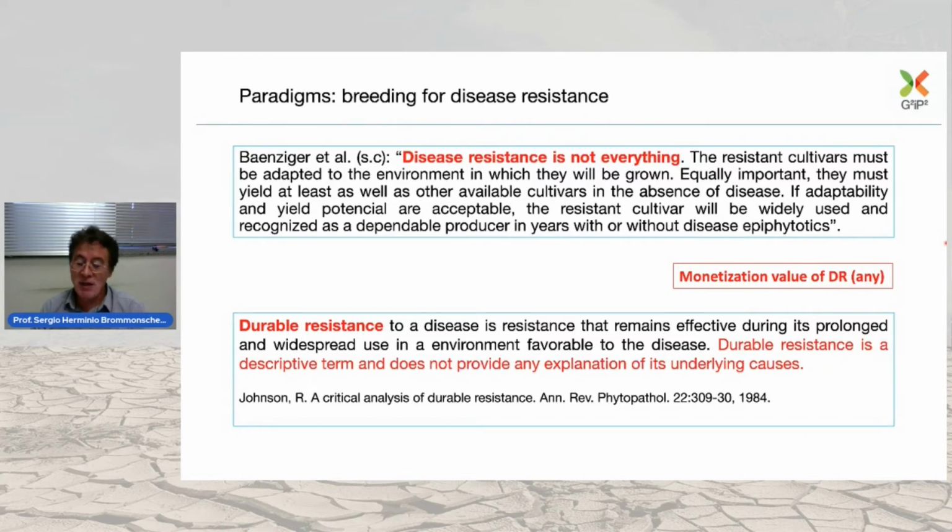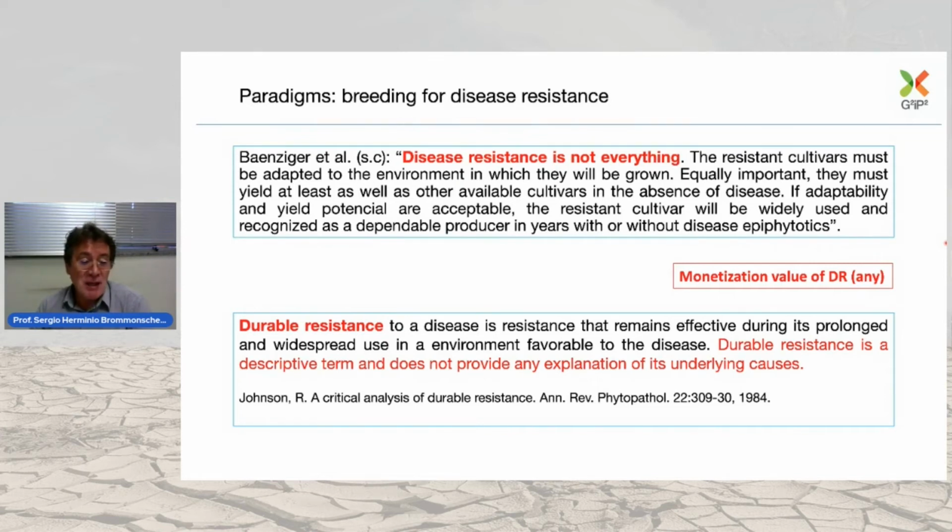This variety has to be very productive and it has to be very reliable in years with disease and years without disease. Because if the variety is not very productive, they are going to use a susceptible variety and they are going to use a fungicide. And at the end, the result will be better compared to the result they could get planting a resistant variety that is not a productive variety.